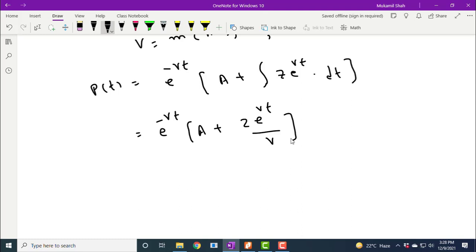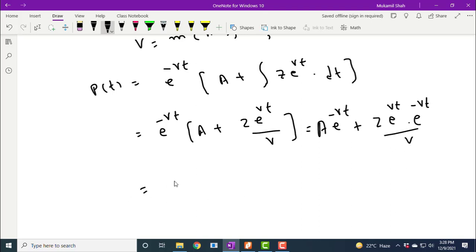Now if we multiply e raised to power minus vt with a, this is equal to a times e raised to power minus vt plus z e raised to power vt into e raised to power minus vt divided by v.